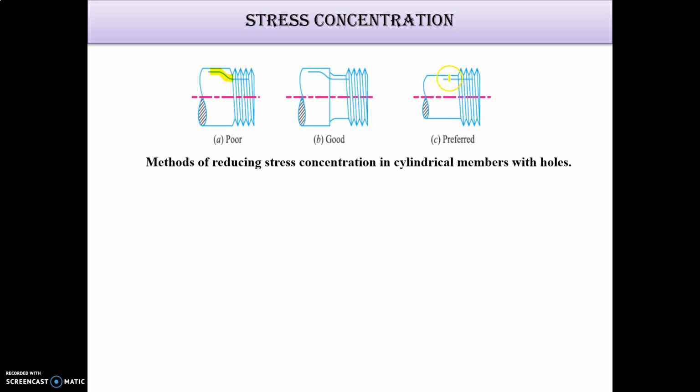And for the preferred one, the shank diameter should be the same throughout. That should not be changed in the cross section. Then there will not be any stress concentration in the threaded part. Okay. So whenever you see such type of products, definitely its cost will be high. And for the poor design product, the cost is low.